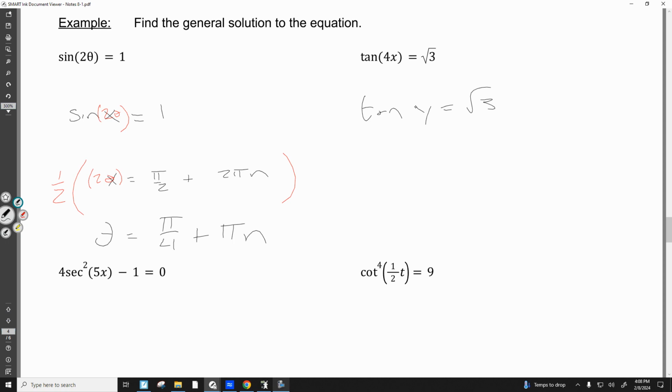So tangent equals root 3 at all the pi over 3's plus pi n's. I don't need 2 pi because tangent repeats every pi. But I'm not talking about my parent function. I'm talking about this manipulated function. I need to multiply all of my angles by 1/4 to dilate them.